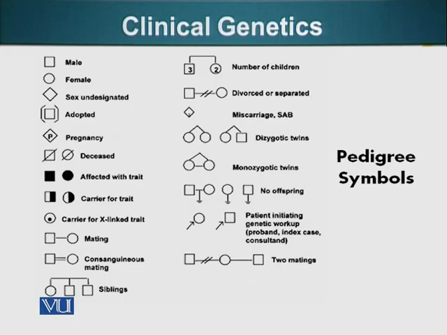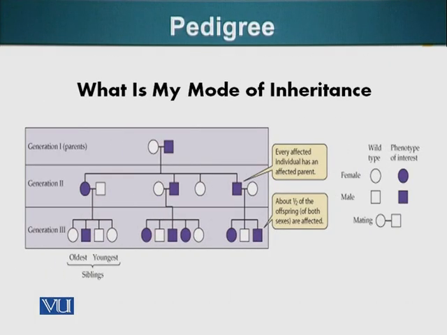So let's look at this information. Now, here's an example of a pedigree. Say this person came in with a particular disease, and you wanted to investigate the mode of inheritance of this disease.